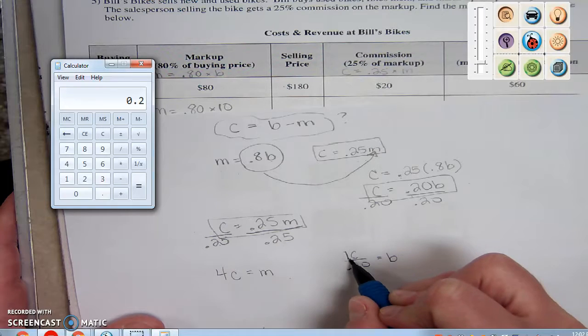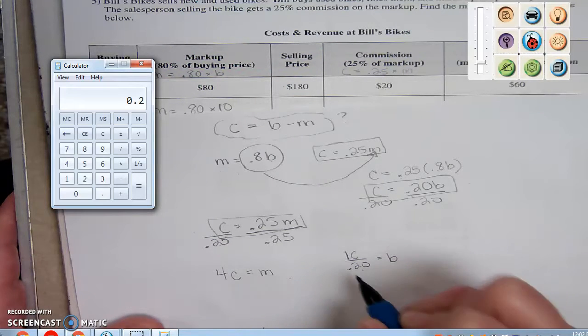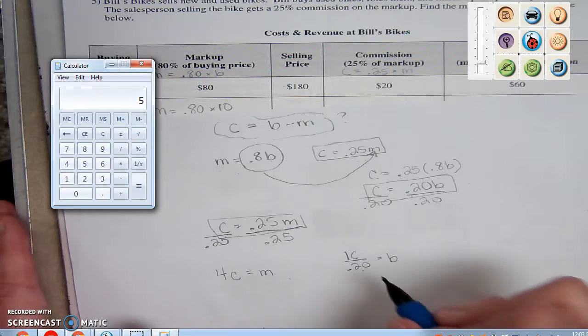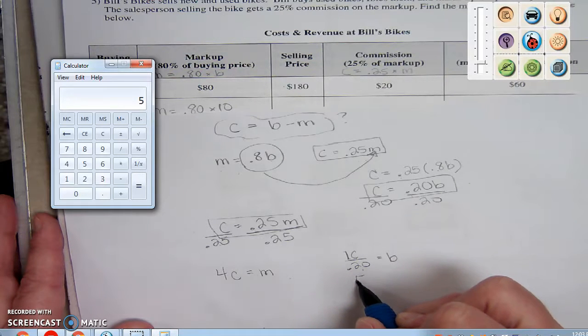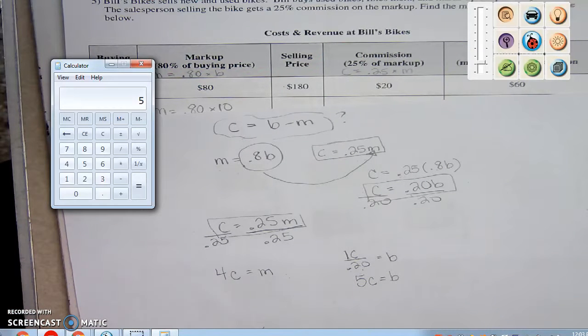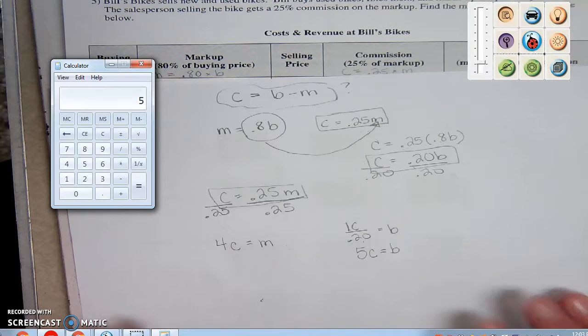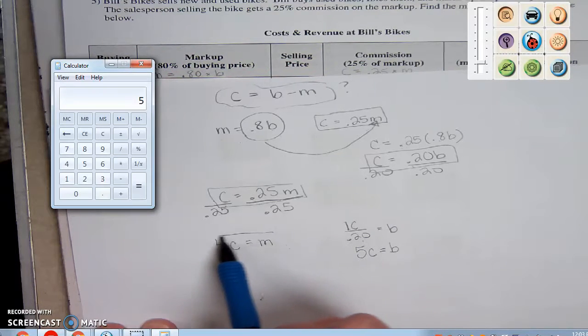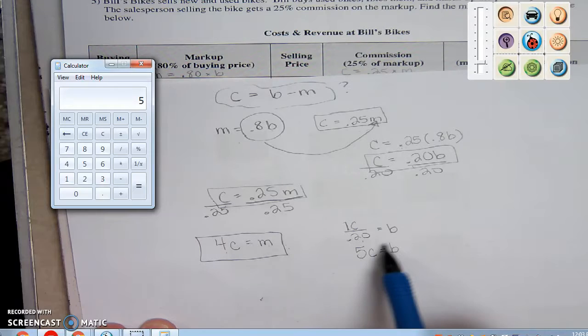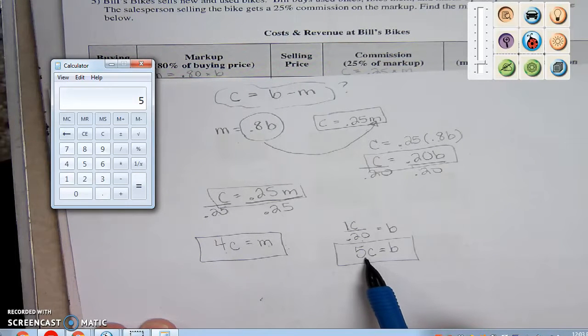So 1 times C, so 1 divided by 0.2 is 5. So that's why the buying price is 5 times the commission. All right, so putting this all together, let's go back to what we had before. The markup is 4 times the commission. The buying price is 5 times the commission.